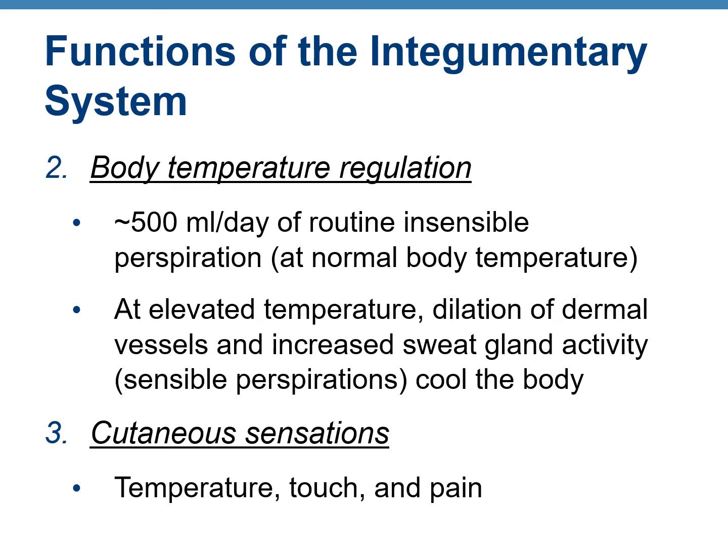Also, when temperature elevates, your dermal vessels dilate. And by dilation, you bring more blood to your skin and you radiate excess heat from your body that prevents you from overheating.